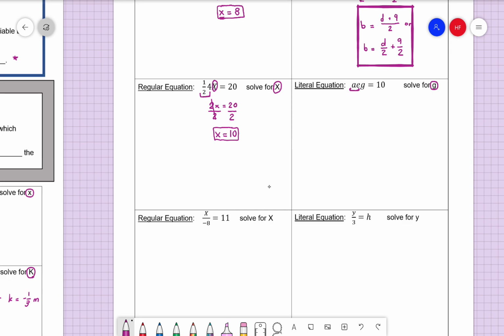So I'm going to divide by AE. This only works because they're multiplying. So E cancels, A cancels. Now I'm left with G equals 10 divided by AE.